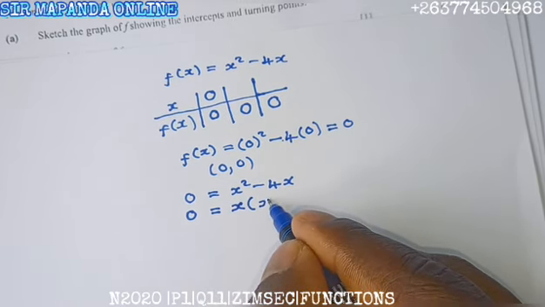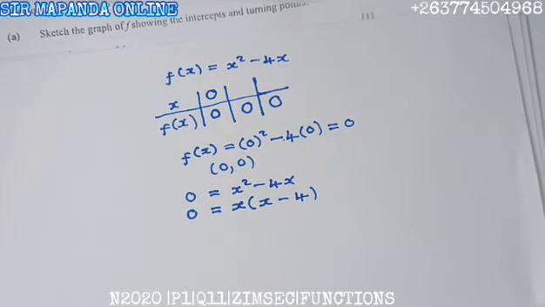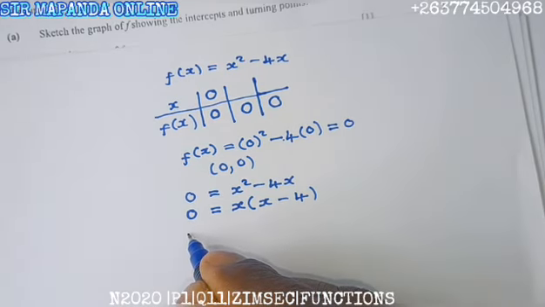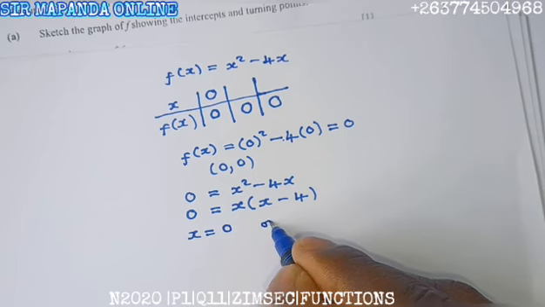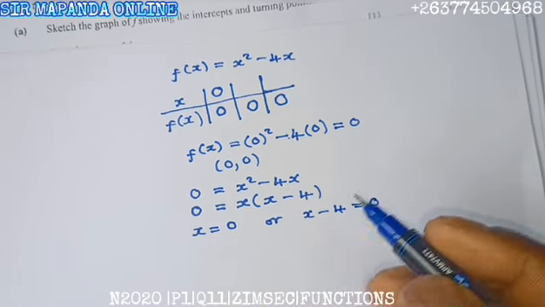X into x squared, you get x. X into minus 4x, you get minus 4. Whenever you have 2 expressions multiplying each other, giving you a product of 0, it means one of those expressions is 0. So you get 2 equations here. You are saying x is equals to 0 or x minus 4 is equals to 0.